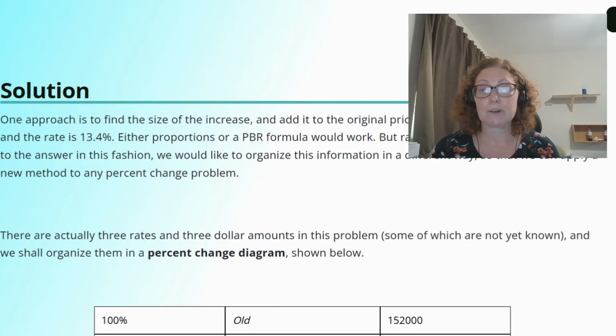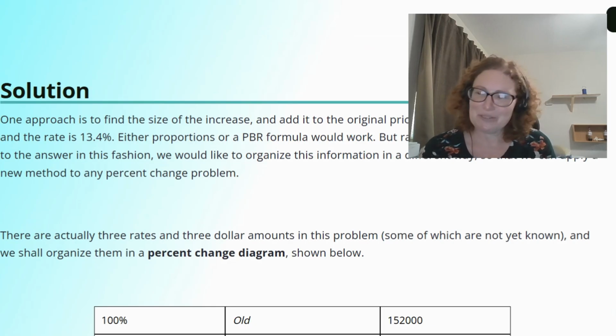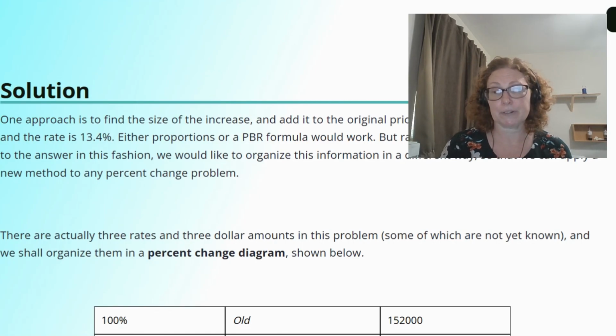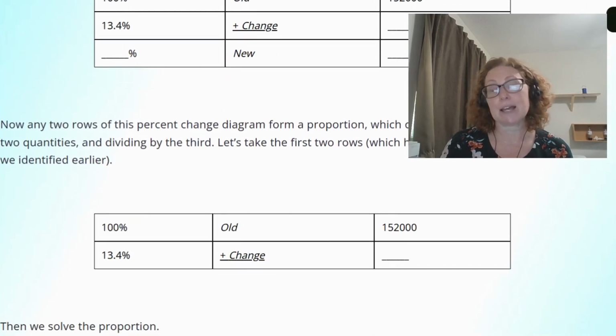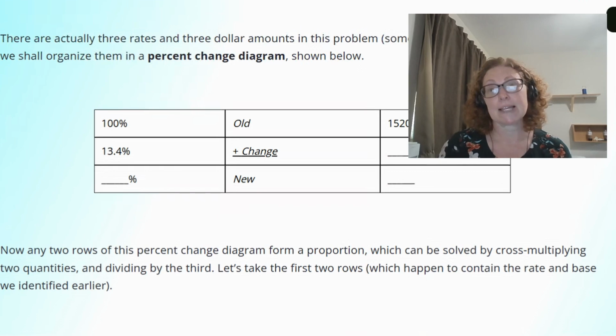And for that, we would say the 152,000 times the 13.4%. And that would give us 20,368 is the part. Okay. But that's not the answer, that's the part. A great way to do that is to set up a diagram.